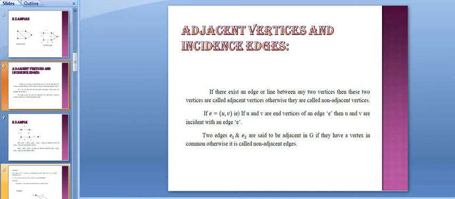If e is equal to (u, v), or if u and v are end vertices of an edge e, then u and v are called incident. u and v are incident with an edge e. Next, two edges e1 and e2 are said to be adjacent if they have a vertex in common, otherwise they are called non-adjacent edges.